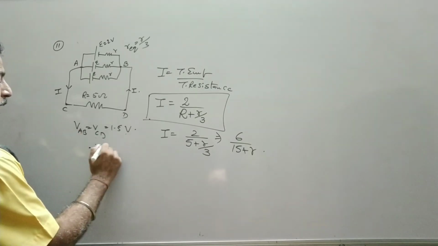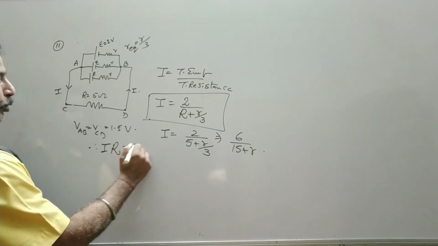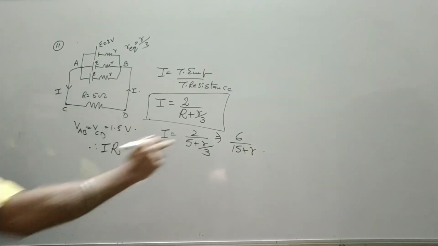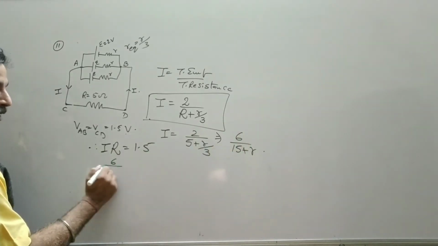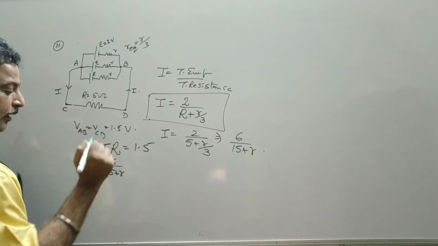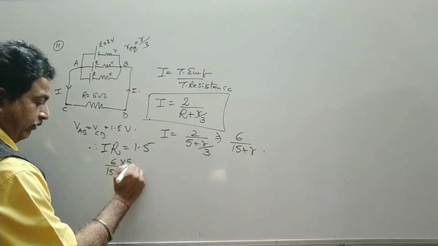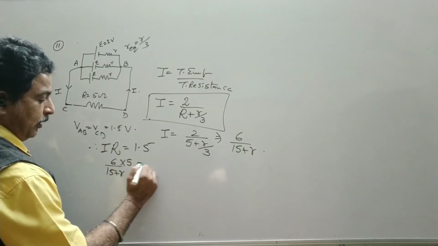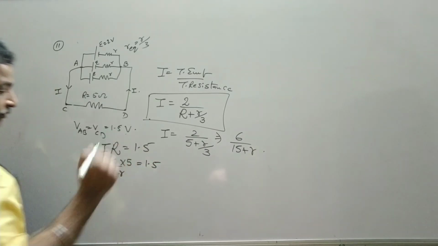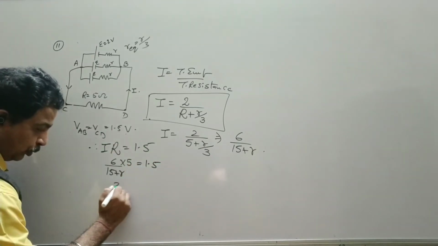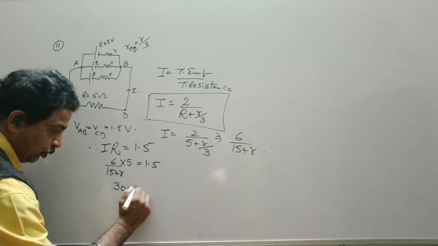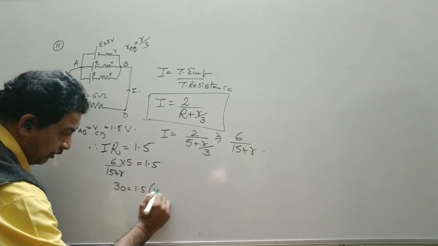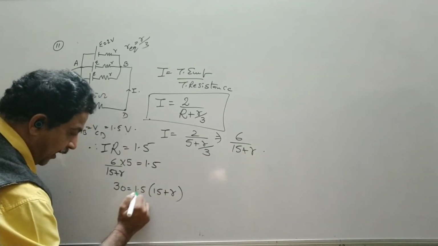Therefore, I of R, that is Ohm's law, is equal to 1.5. I is known to us here. So it is 6 upon 15 plus r into 5, that is our external, is equal to 1.5. So this is 30 is equal to 1.5 into 15 plus r.